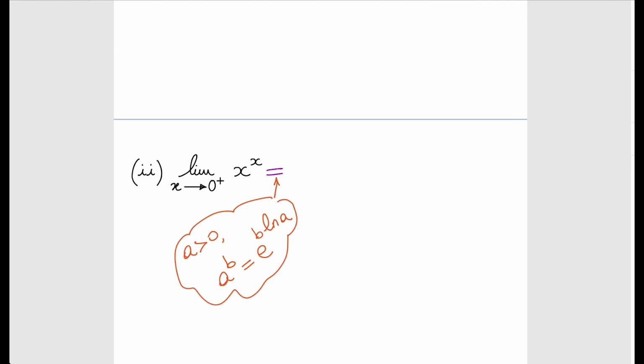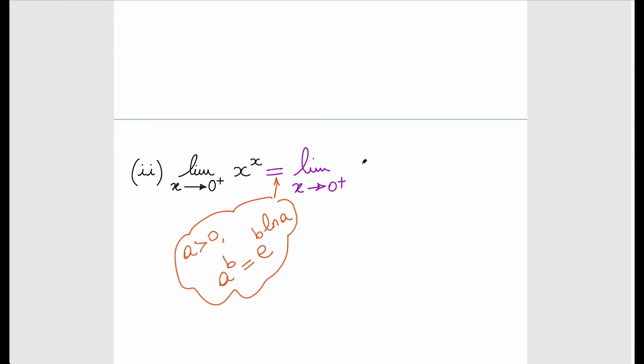And as such, I can look at x to power x. By the way, the base x, which is playing the role of a here, certainly is positive because x is approaching 0 from the right. So that property can be applied at this point.